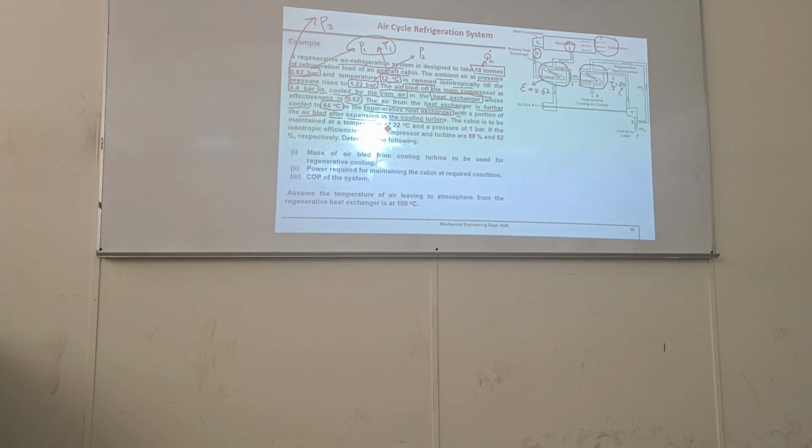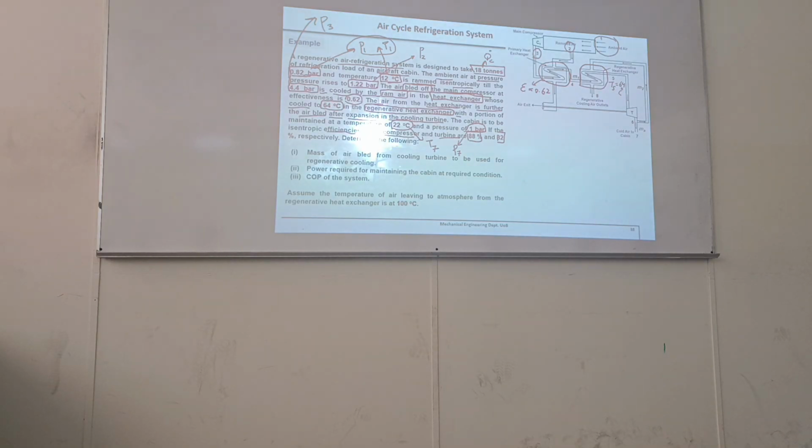The cabin is to be maintained at a temperature of 22. Which point? 7. So this is T7, and pressure of 1 bar means P7 and T7. The isentropic efficiencies of the compressor and turbine are given as 88% and 82%. Determine the following.